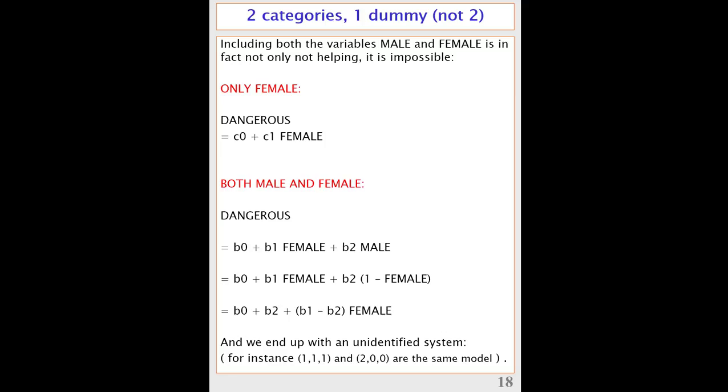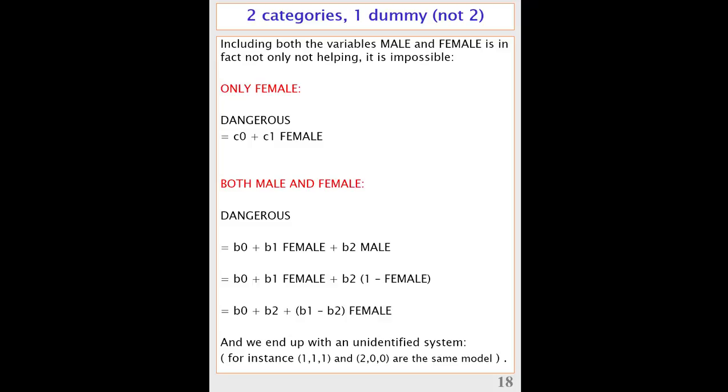One more note about the 2 categories, and that we then only need 1 dummy variable and not 2. Here's where you see how this would not work. This is what would happen if instead of doing this, which is correct, you would simply include a dummy variable for each and every category that you have. So I include both female and male in the model. Well, then we can go through the math here. Male is defined as 1 minus female.